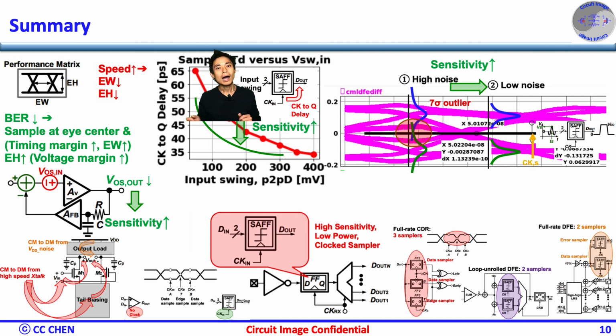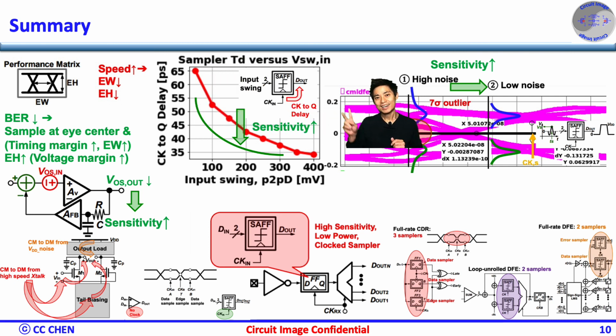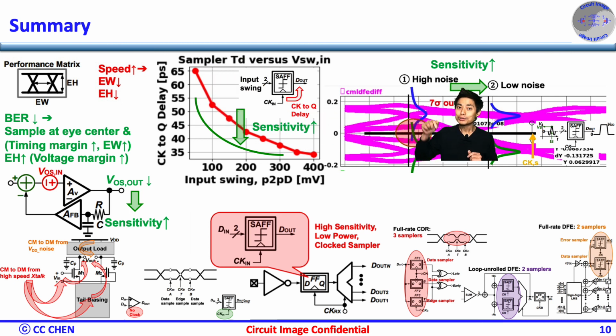That's the main reason that we need to improve the input sensitivity of a sampler applied to a high-speed SerDes. To achieve a high input sensitivity, first, we need to reduce its regeneration time at the target of a tolerable input swing. Second, we need to reduce its intrinsic thermal noise, which is unbounded and scales with the target bit error rate.